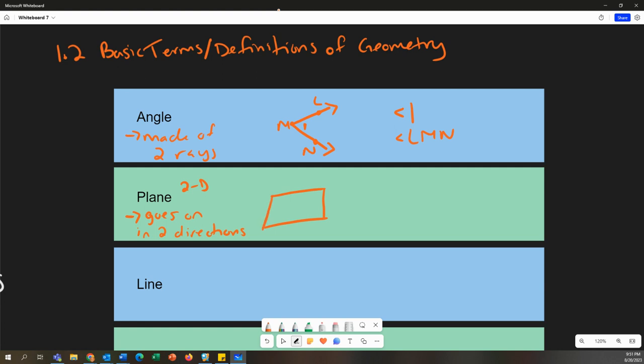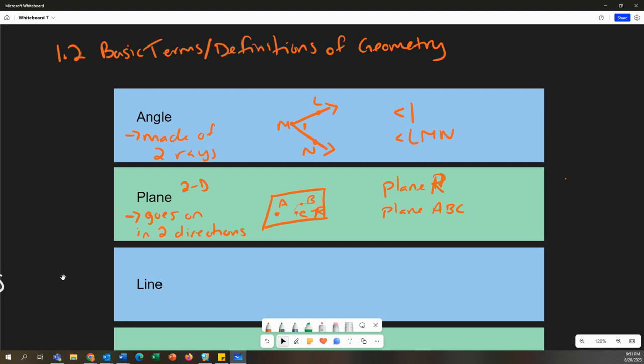And there's 2 ways to label it. Sometimes you have a big letter in the bottom, so you can say plane R. It's always a big cursive letter. Or sometimes you have 3 points on the plane that are not on the same line. So you can say plane and then list those 3 points, A, B, C.